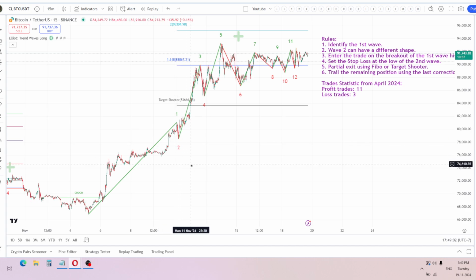But it has some differences from Elliott Wave Theory, which has only 5 waves and 3 impulse waves, like the first, third and fifth waves.